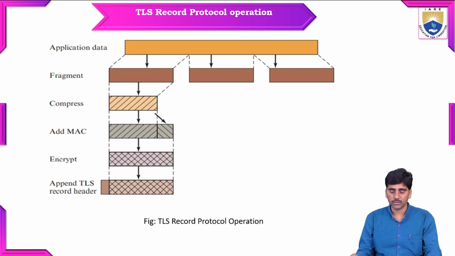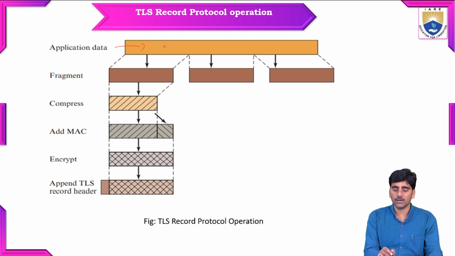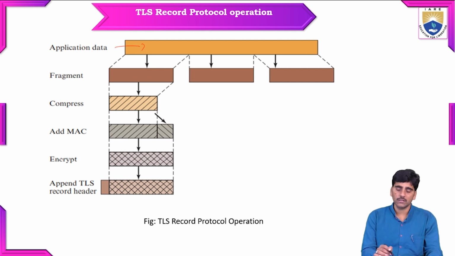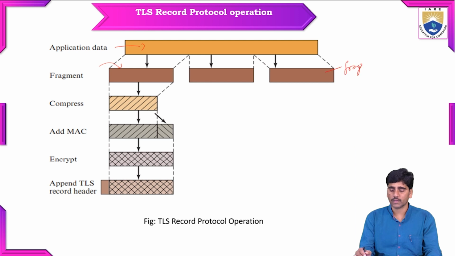Here you can see the record protocol operations. The first one is application data. That application data is divided into separate blocks. Each individual block is called a fragment, and the entire process of dividing into blocks is called fragmentation.